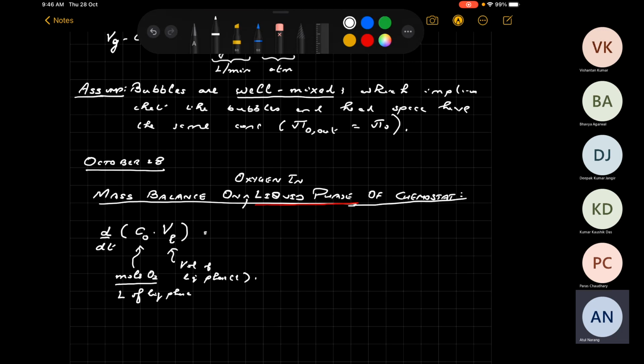So the question we're asking is, how does this quantity, which describes the total amount of oxygen in the liquid part of the reactor, change with time?